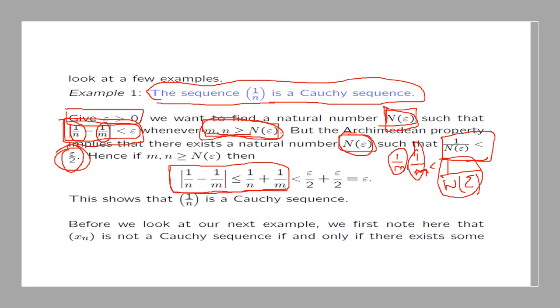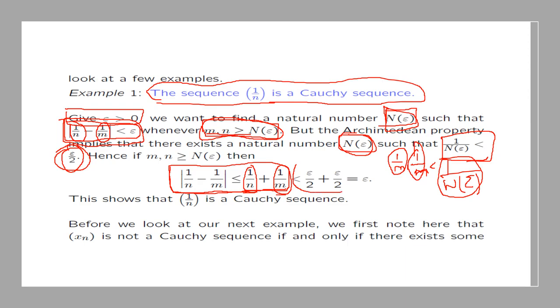That means each will be less than 1 over capital N epsilon, and so each will be less than epsilon over 2.